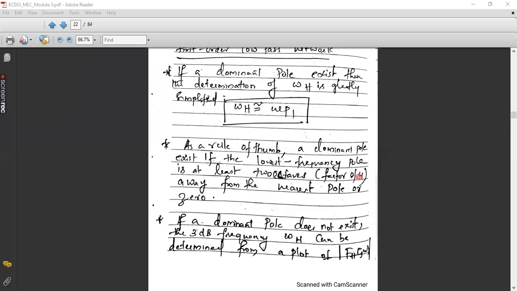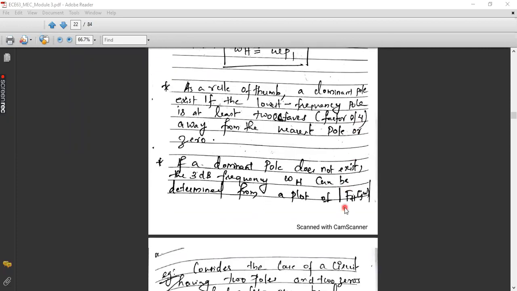If omega p2, omega p3 and the rest lie beyond 400 kilohertz, then I can say the frequency corresponding to omega p1 is a dominant pole. So all the remaining poles or zeros should be at least 4 times farther from the low frequency pole. Only then can I say that the low frequency pole is a dominant pole. This is the condition to be satisfied for a dominant pole, and it is very important.